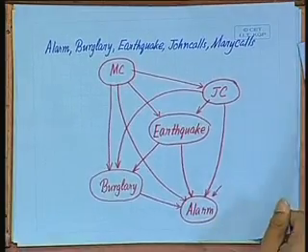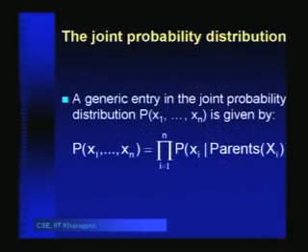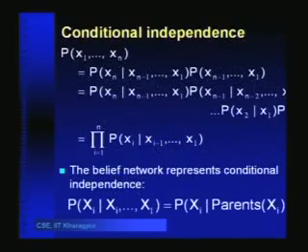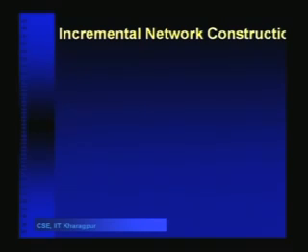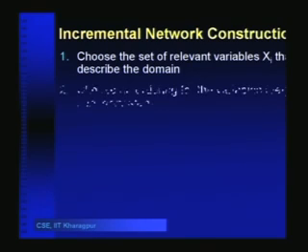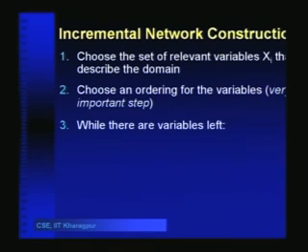So, from what we have seen so far, let us quickly see the way in which we can construct a Bayes network. We first choose the set of relevant variables that describe the domain, then choose an ordering for the variables, which, as we now know, is a very important step.